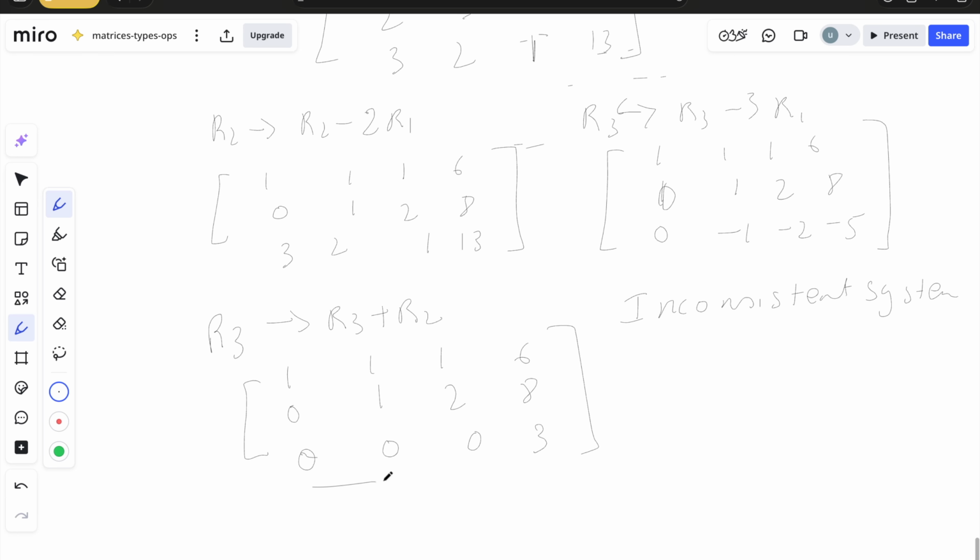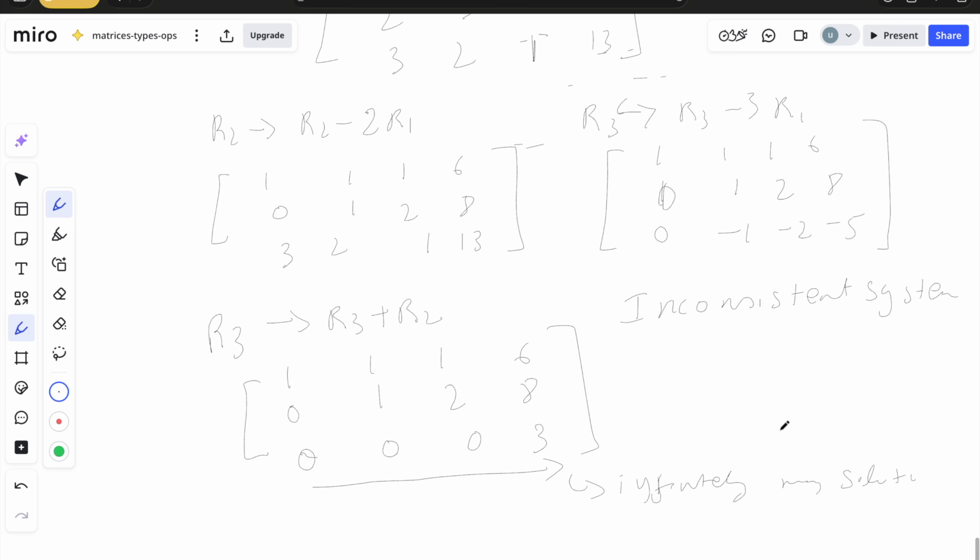If this was all 0, then there would have been infinitely many solutions. I have talked about this type of solutions, like where there is a unique solution, where there is no solution, and where there are infinitely many solutions, in my video on systems of linear equations.